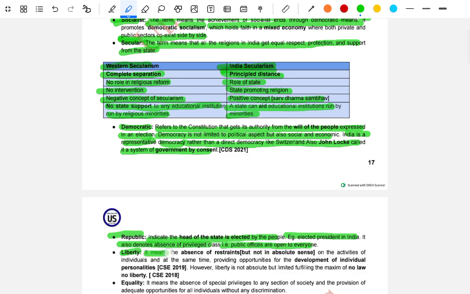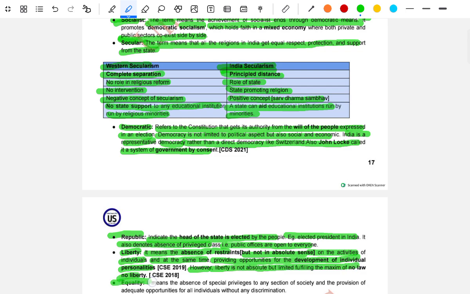Liberty. It means the absence of restrictions, but not in the absolute sense, on the activities of individuals, and at the same time providing opportunity for the development of individual personalities. However, liberty is not absolute but limited, fulfilling the maxim: no law, no liberty.